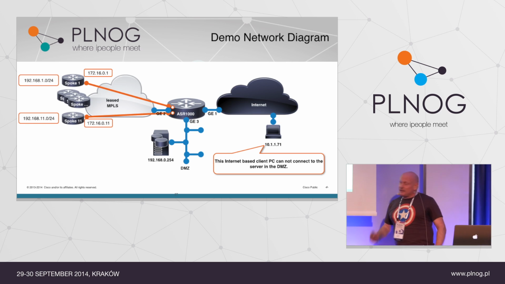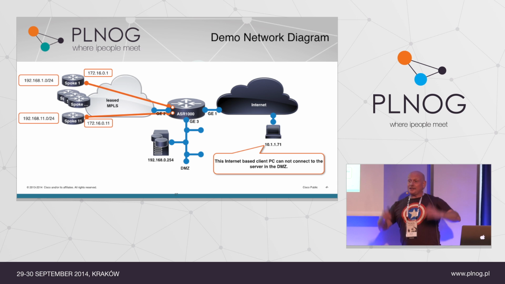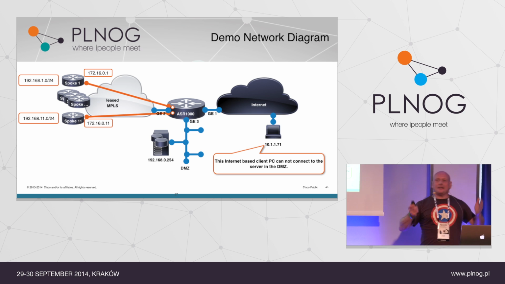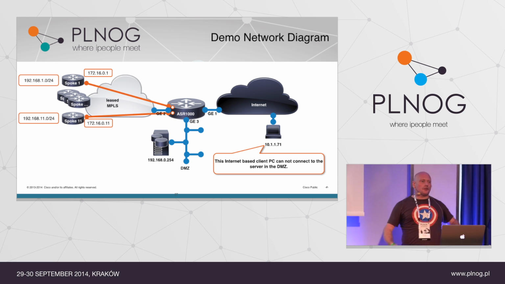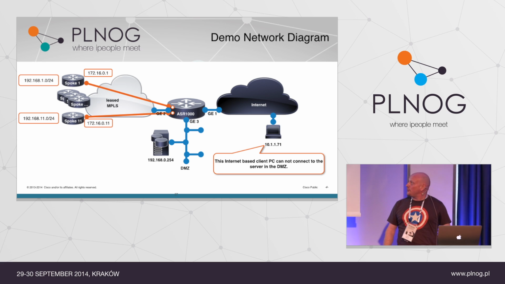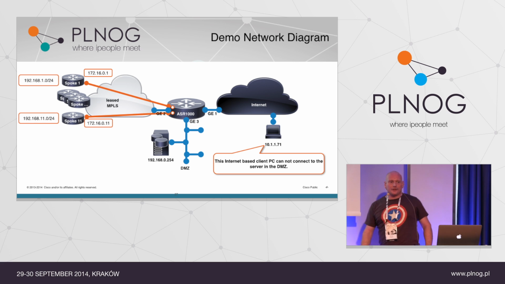So let's imagine that as the provider, you might have, I don't know, an ASR 1006 with an ESP200 that will deliver 200 gigs of services to customers. And one of your customers has a problem. And he says, well, you know, I have a DMZ, which is behind one of your interfaces, with a database server.